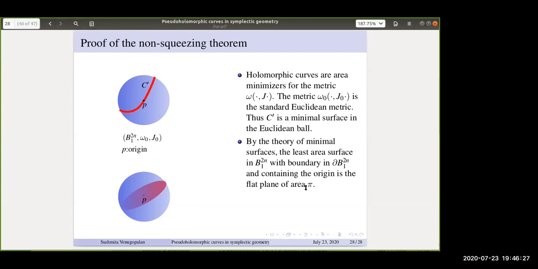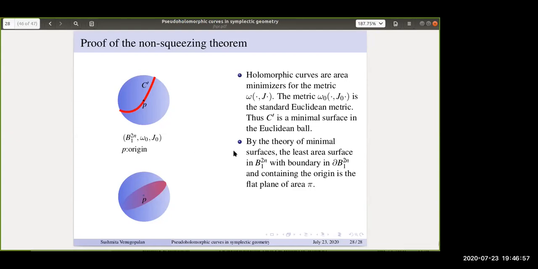So basically, the theory of minimal surfaces rules out things like fingers. If you have a small circle in the boundary, you cannot have a finger-like object coming and hitting the center of the sphere, because that small circle can just be closed up with a plane right there. It doesn't have to come all the way to meet p. So if a surface does that, then it is not a minimal surface.